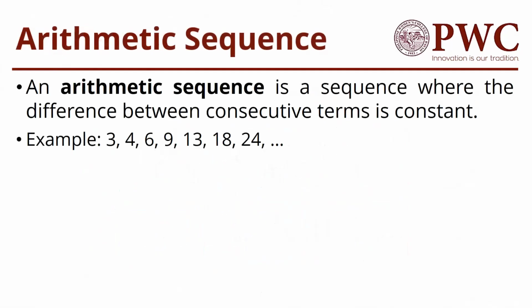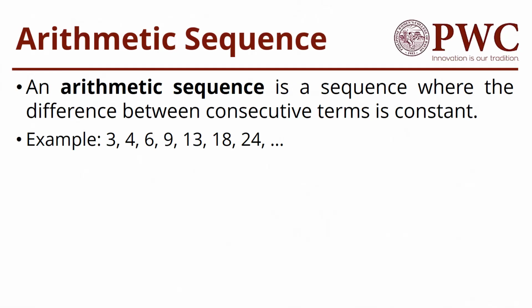Let's go with the definition of the arithmetic sequence. So an arithmetic sequence is a sequence where the difference between consecutive terms is constant. As you can see in the example 3, 4, 6, 9, 13, 18, and 24, the sequence shows that there is a pattern.